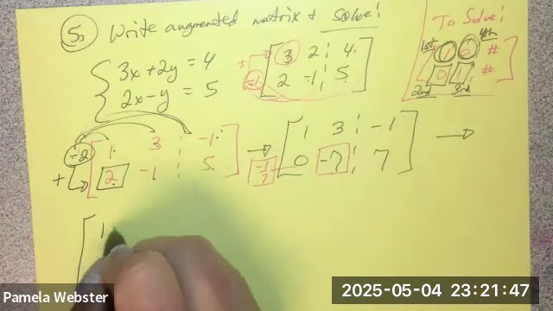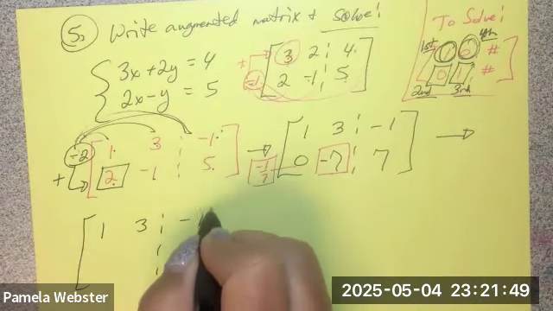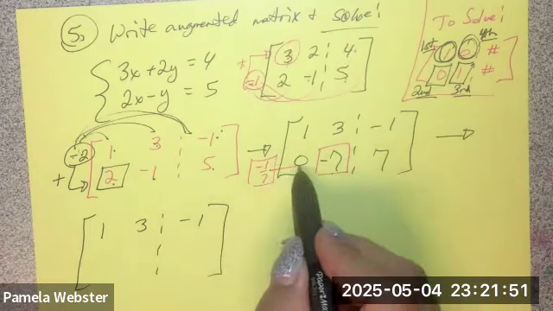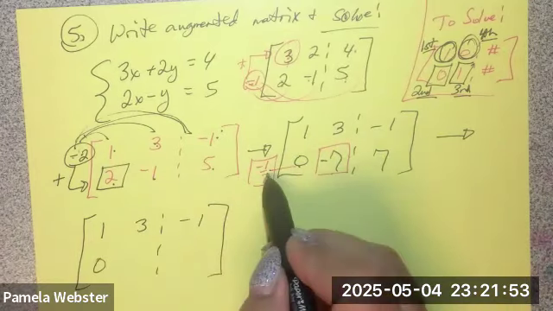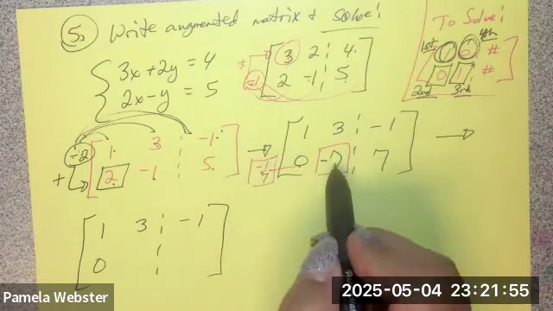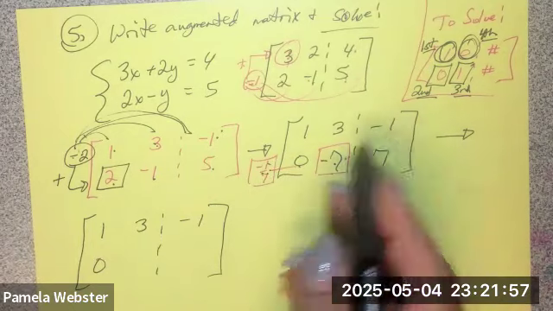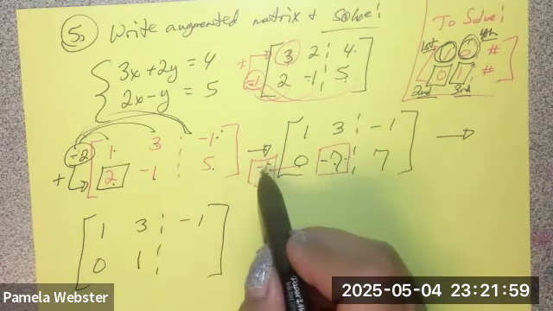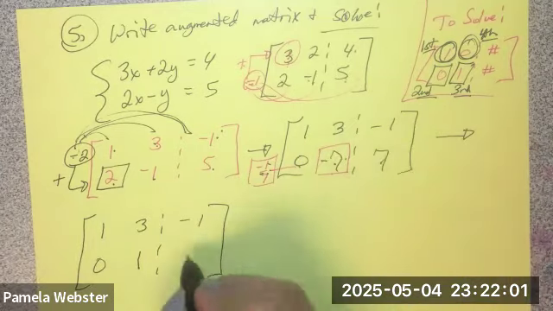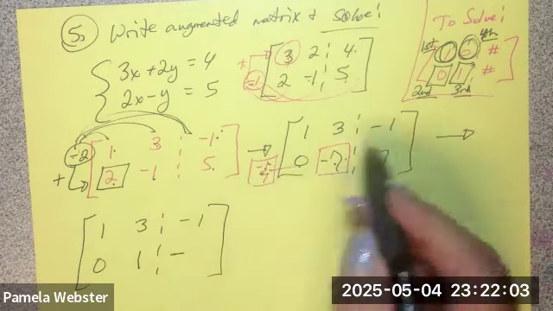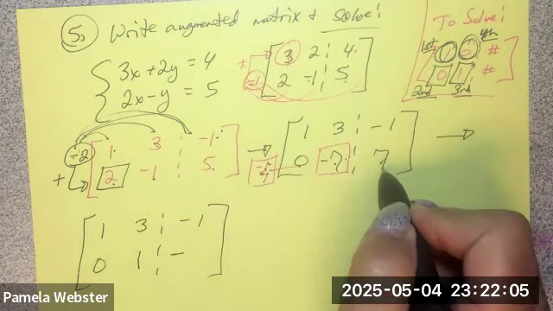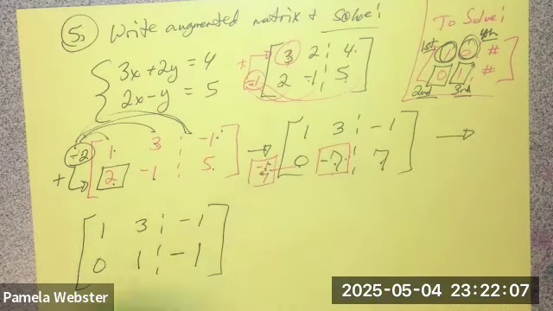Okay, so 1, 3, -1. And then here, 0 times the -1/7 is a 0. -1/7 times -7, negative and negative is a +1. Negative and a positive here is a negative, but -1/7 times 7, 7 over 7 is a -1.